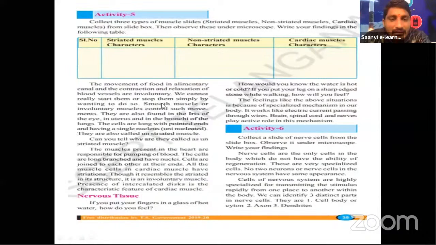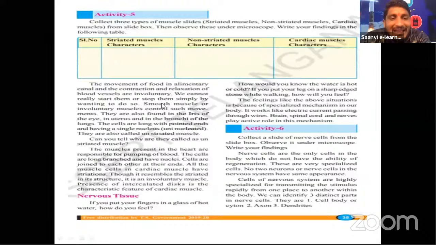They are also found in the iris of the eye, which is also involuntary. We cannot really start or stop them simply by wanting to do so. They are also found in the uterus and in the bronchi of the lungs.